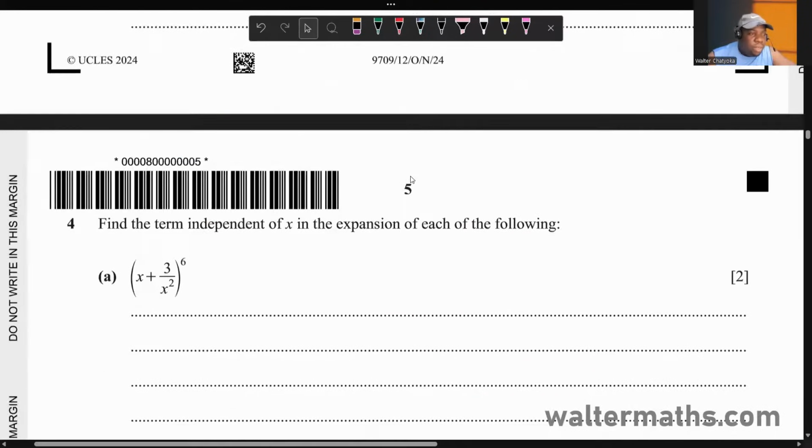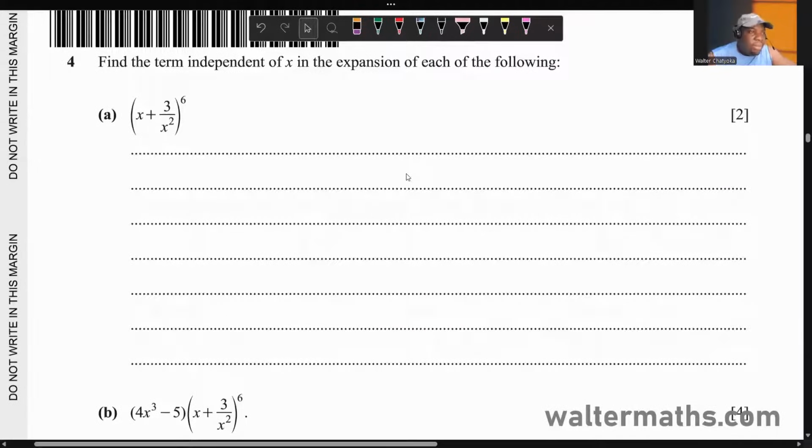Let's move on. On part B, they say, find the term independent of x in the expansion of each of the following. So on part A, we have x plus 3 over x squared to the power of 6. So here we've got two terms. We've got an x term and a 3 over x squared. The powers of x start from 6, then 5, 4, 3, 2, 1, 0.